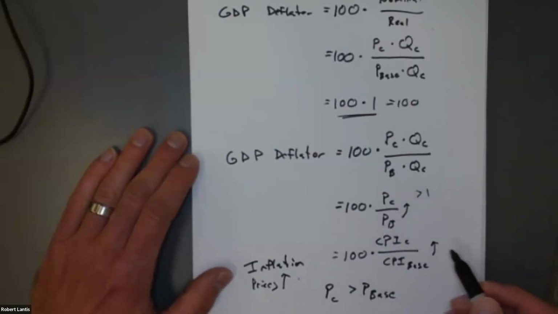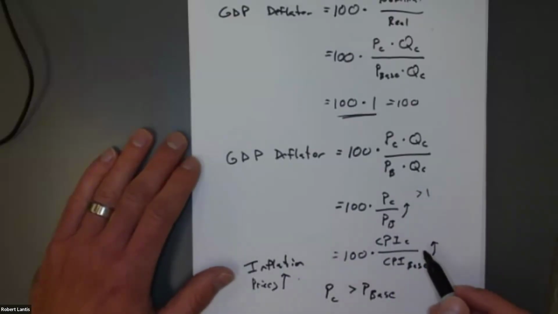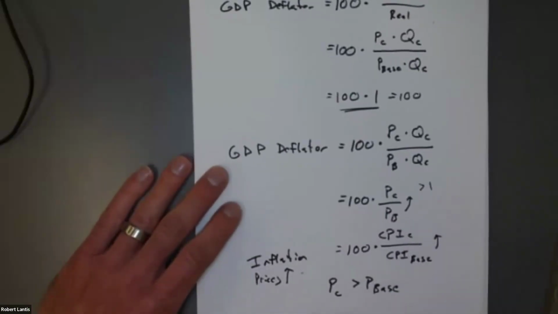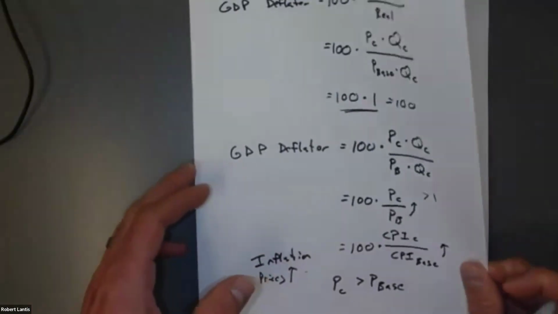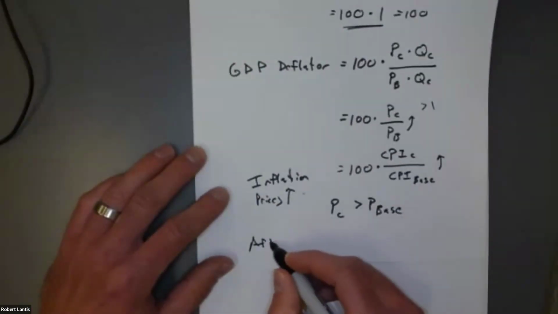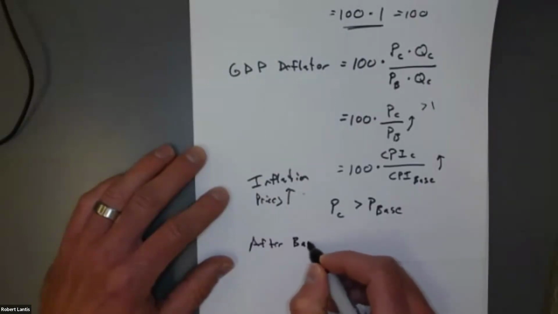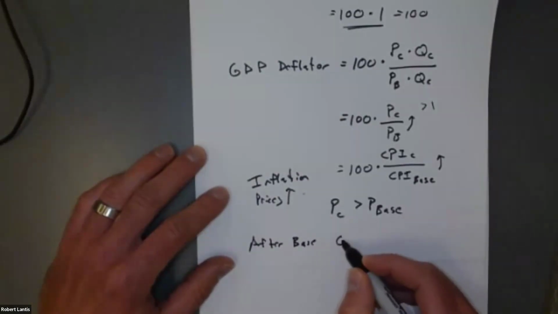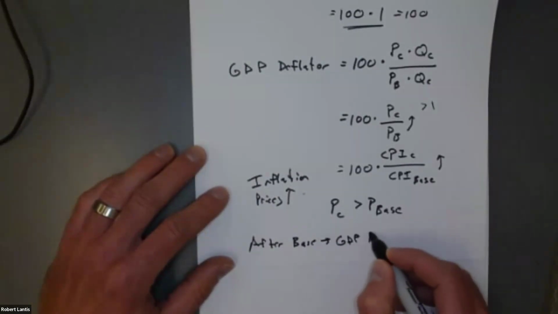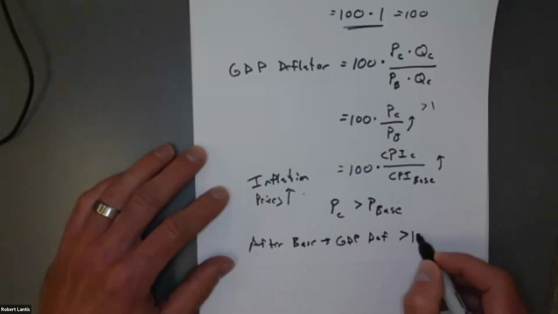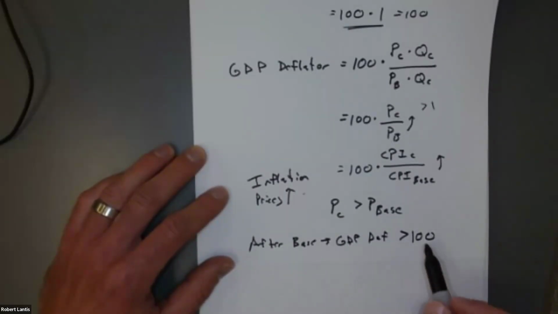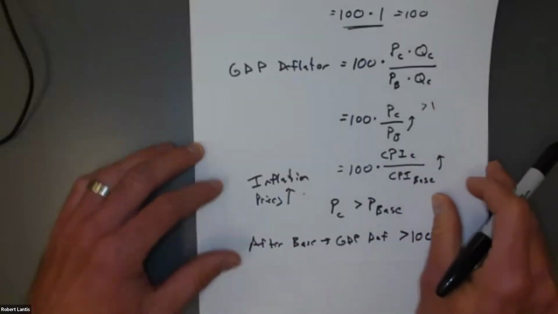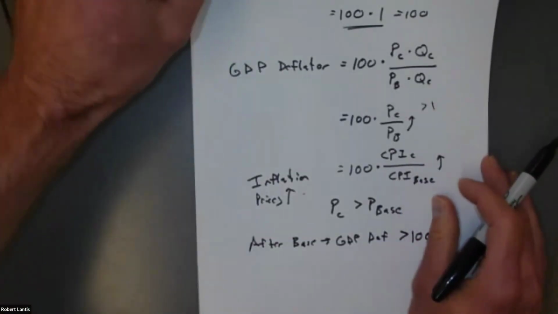Greater than 1. So I know that if I'm looking at my GDP deflator in any time period after my base year, if I have inflation, that GDP deflator will be greater than 100.